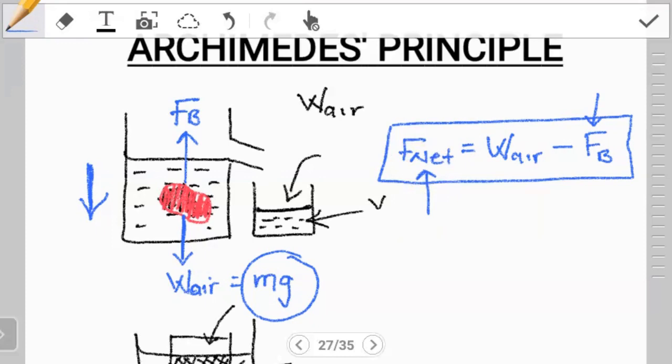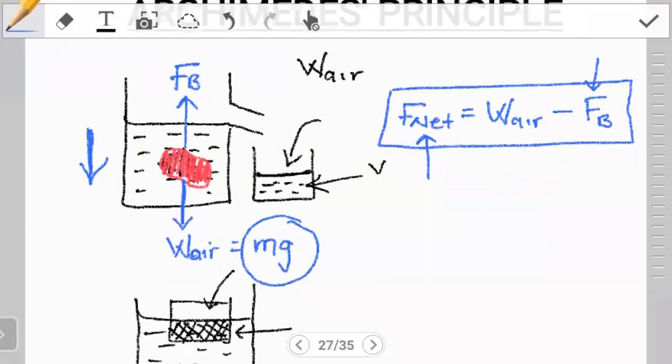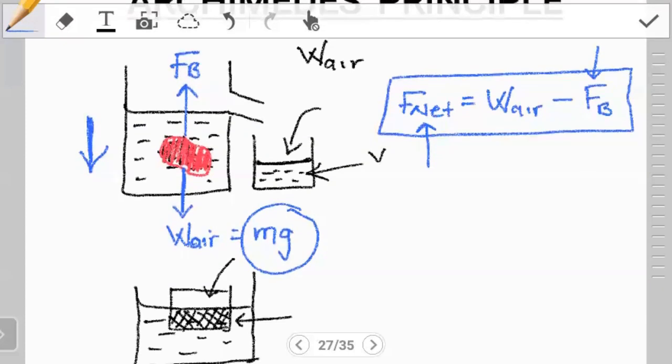Okay, now with that in mind, one other thing I'd like you guys to keep in mind is most questions will either give you the volume of the object that is going to be partly or wholly immersed. If not that, then they'll give you a way of calculating the volume. That can be done by specifying the shape of the object. Sometimes you're going to have a cube.